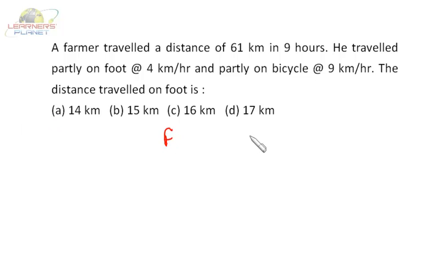It's foot and it is bicycle. If he covers the entire distance by bicycle, he'll be covering 81 kilometers, that is 9 kilometers per hour for 9 hours. But actually he is covering 61 kilometers.